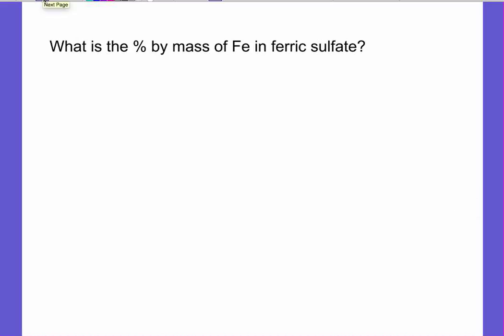So this one, next example, percent by mass of iron in ferric sulfate. Again, we got to build a formula here first. Which iron is that? Iron 3. And sulfate, it looks like what? And it's got what charge? -2. So I'm guessing this is going to look like this.